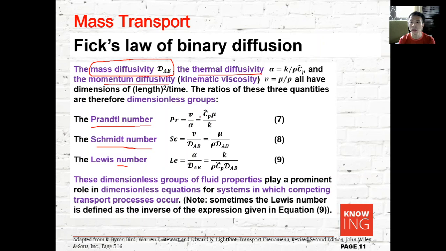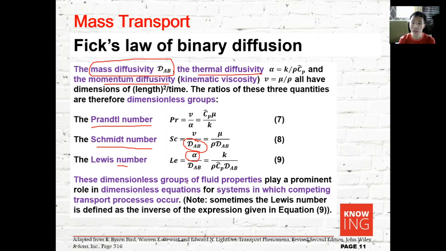The Prandtl number is the ratio of the kinematic viscosity, or the momentum diffusivity, with respect to the thermal diffusivity. The Schmidt number is the ratio of the momentum diffusivity with your mass diffusivity, and the Lewis number is the ratio of your thermal diffusivity with the mass diffusivity.